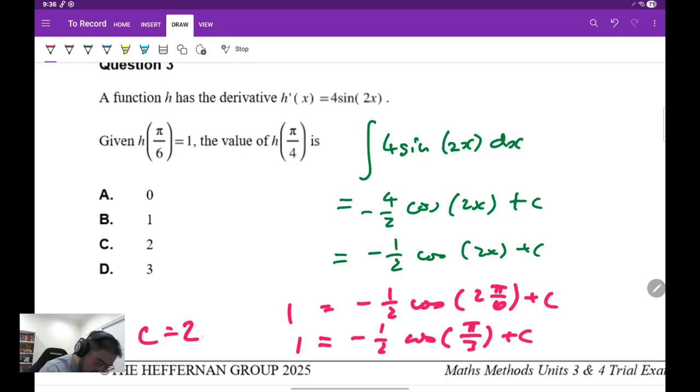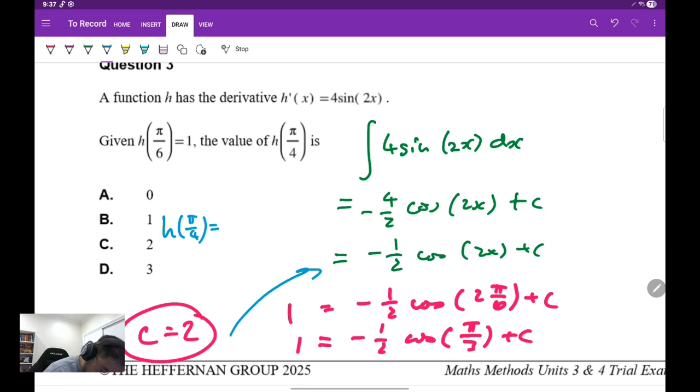Therefore, when we go back to our equation, we can substitute this as 2. And so h of pi on 4 is equal to negative half cos 2 times pi on 4 plus 2. And when we evaluate this on the CAS, we get 2, which is C. Okay.